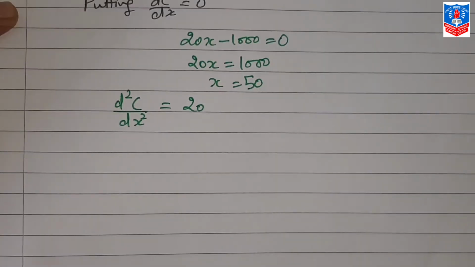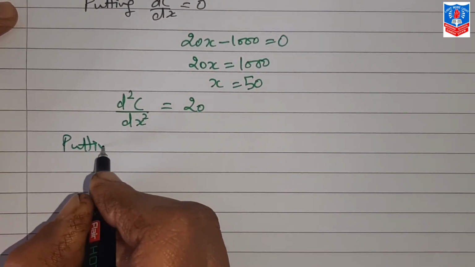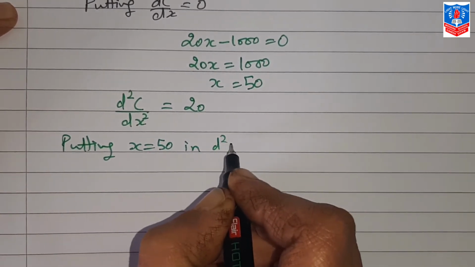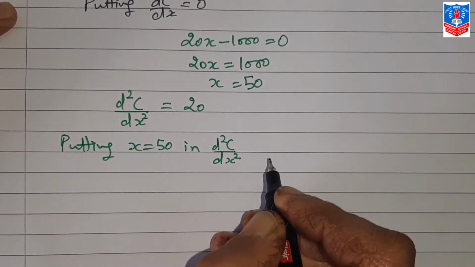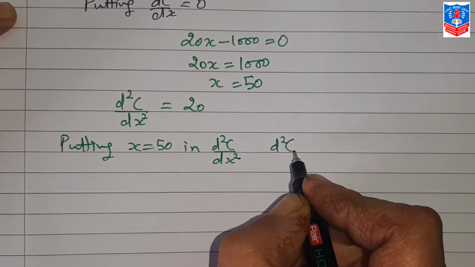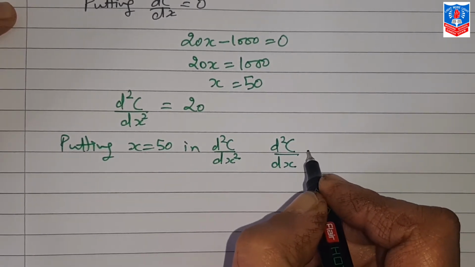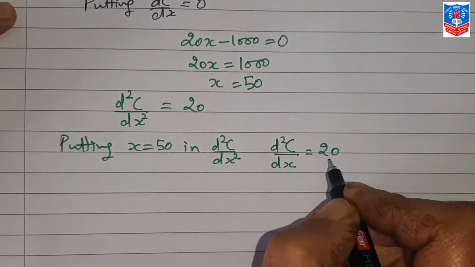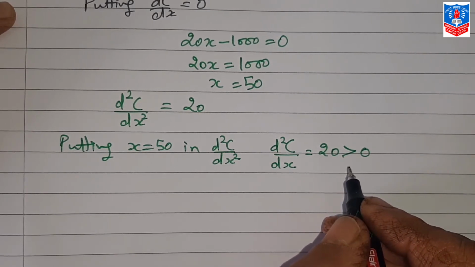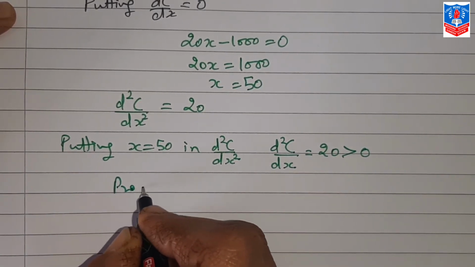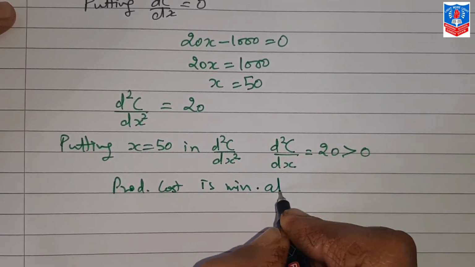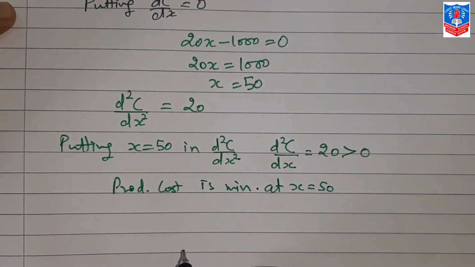Now putting the x value, x equal to 50, in d²C/dx². Our second condition is that it should be greater than 0. Now here it is 20 only, which is greater than 0. So our production cost is minimum at x equal to 50.